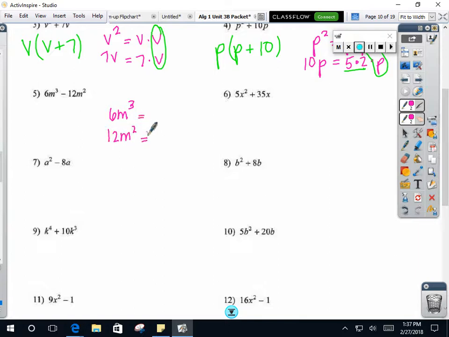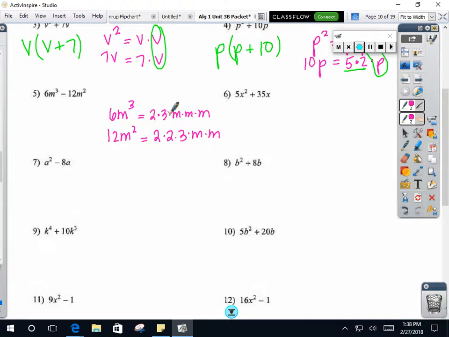Okay, the prime factors of 6m cubed are 2 times 3 to make the 6, and then m times m times m to make that m cubed. The prime factors of 12m squared are 2 times 2 times 3, or you could look at that as 4 times 3 to make the 12, and then m times m to make the m squared.